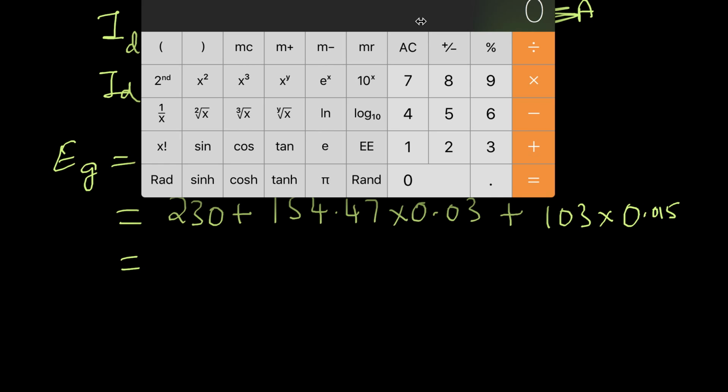Let me do it from the beginning. So 230 plus, I open the brackets, 154.47 multiplied by 0.03 and close the brackets, plus again open the bracket, 103 multiplied by 0.015.